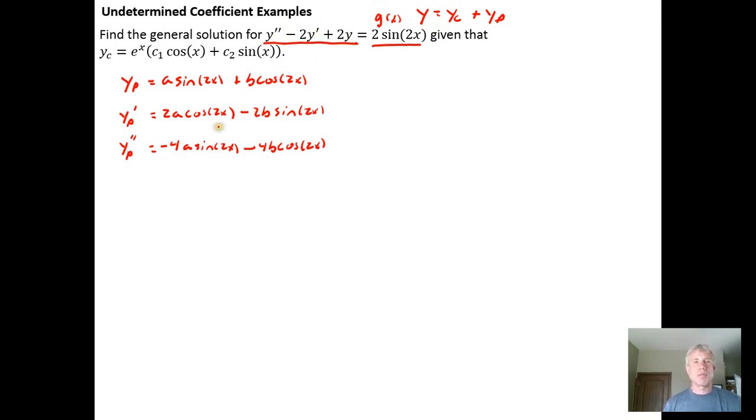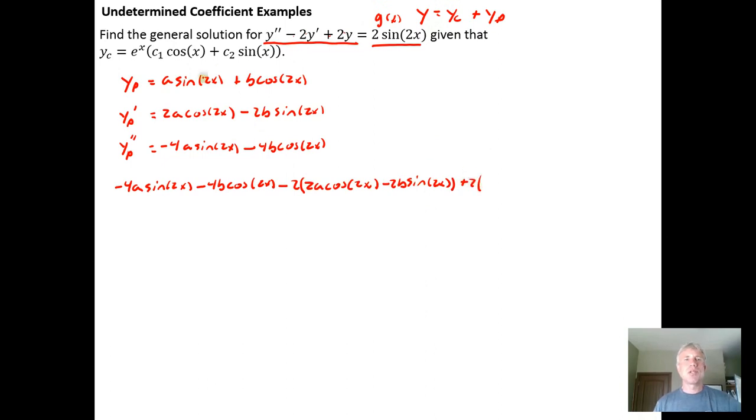So y double prime is going to get replaced with this right here, the minus 4a sine 2x minus 4b cosine 2x, and then it's going to be minus 2 times y prime, so y prime is right here, 2a cosine 2x minus 2b sine 2x, and then close that parentheses, and it's going to be plus 2 times y, and y was our initial guess for the solution form, a sine 2x plus b cosine 2x.